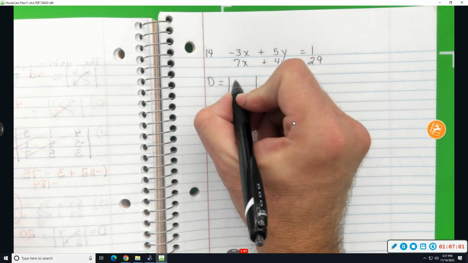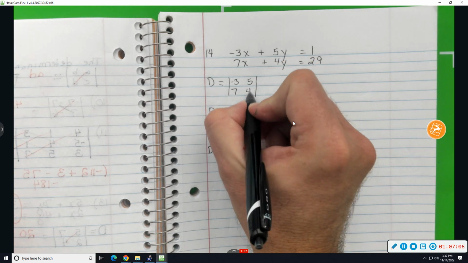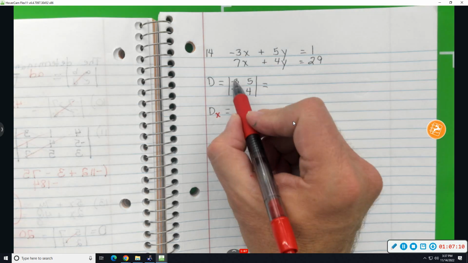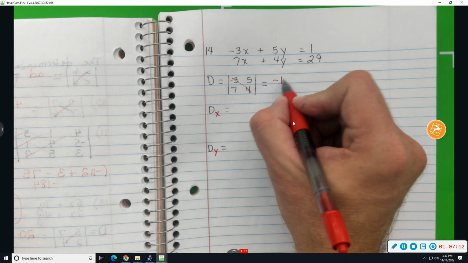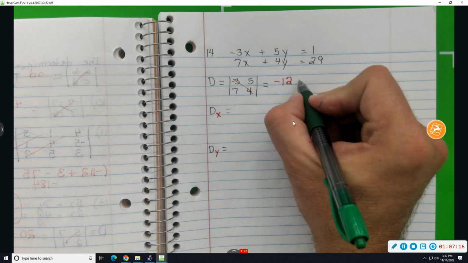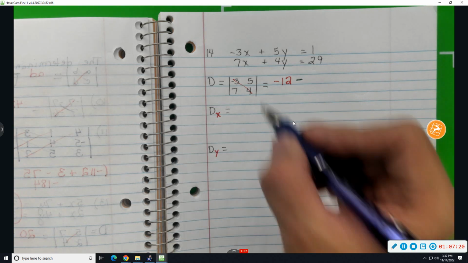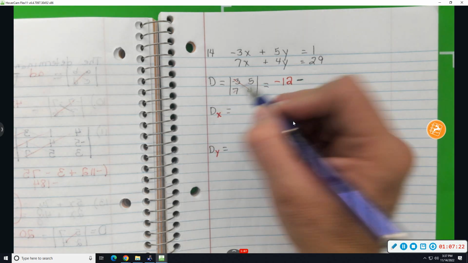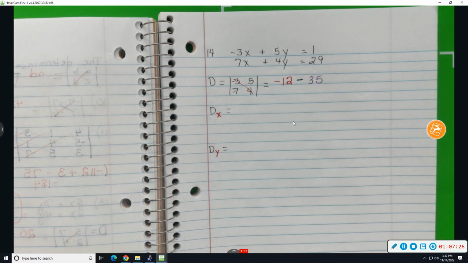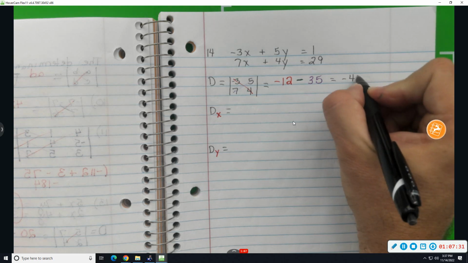That's a d. Negative 3, 5, 7, 4. We have negative 12 minus, is that a 35? So D is going to give us negative 47.